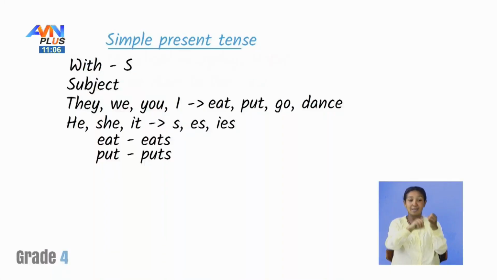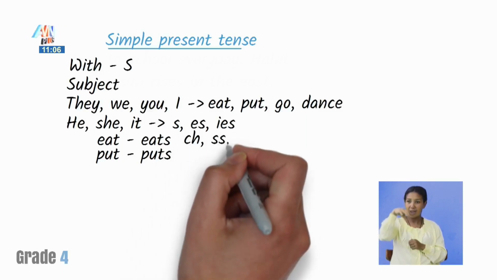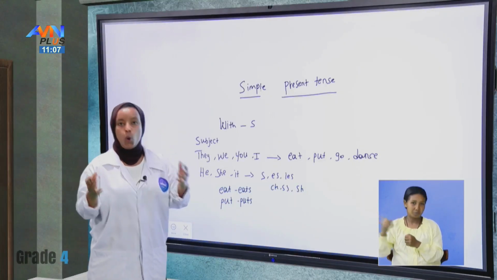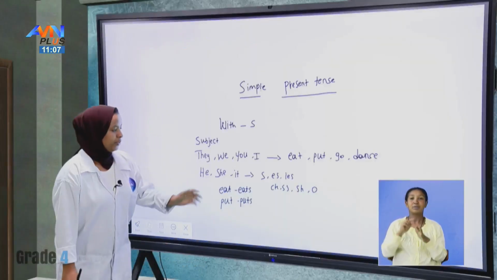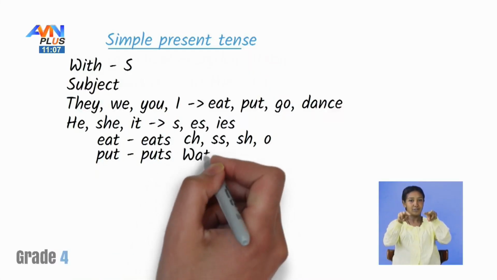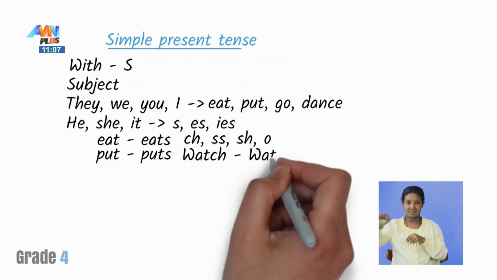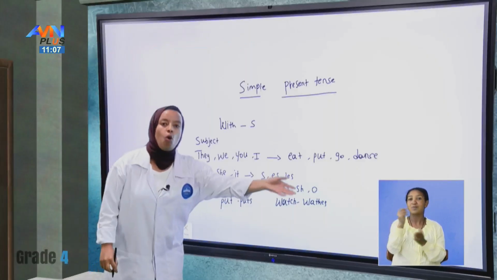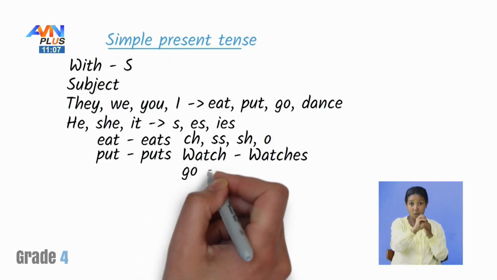Ending with CH, SS, SH, and also O, ending with O. So let me give you some examples. Watch, watches. Here, students, we can use, for example, O: go, goes.